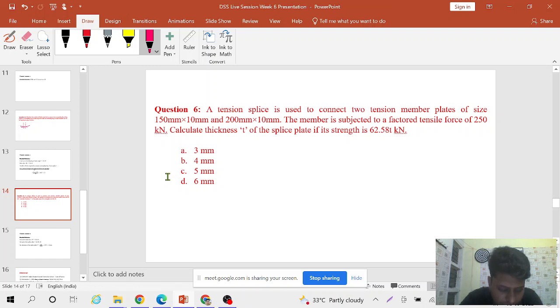So that's why we need to connect two tension members, and in that case we have to do splicing. And why is there a restriction in the size? Why do very long members not come in the market? I think, sir, in the market we have a standardized size, and other than that, sir, I don't know. Okay, no problem.